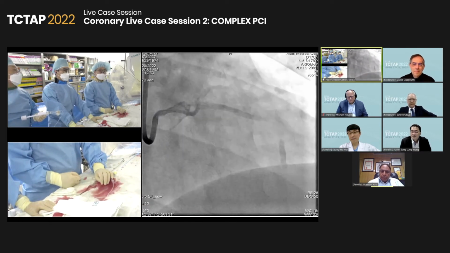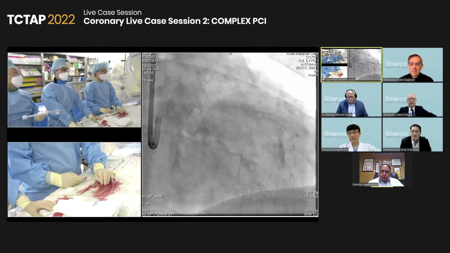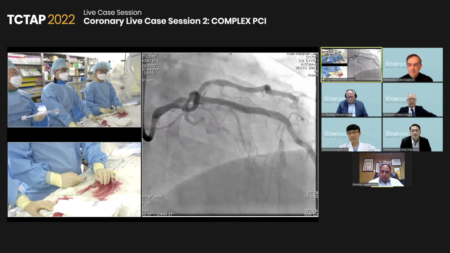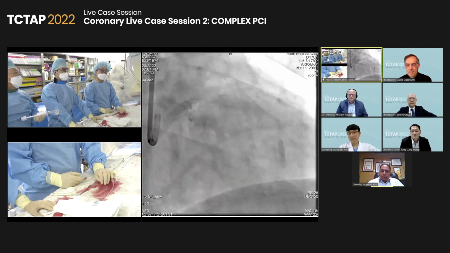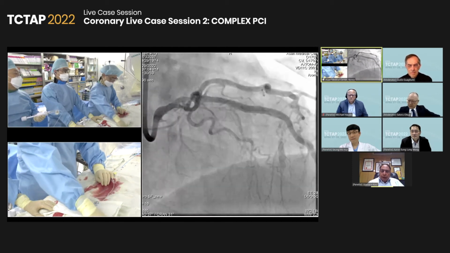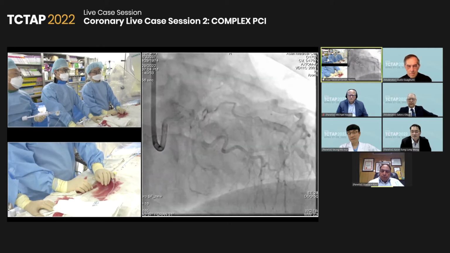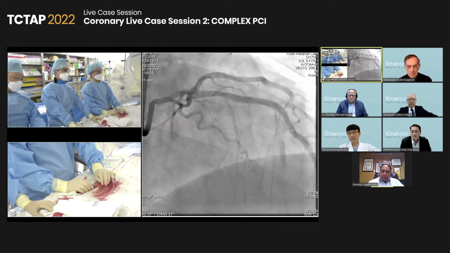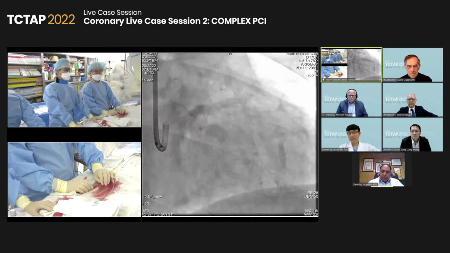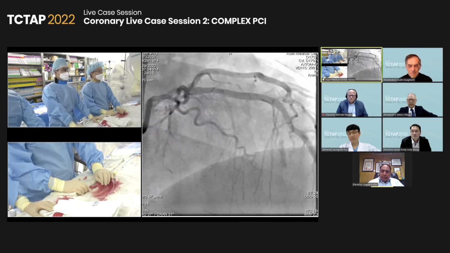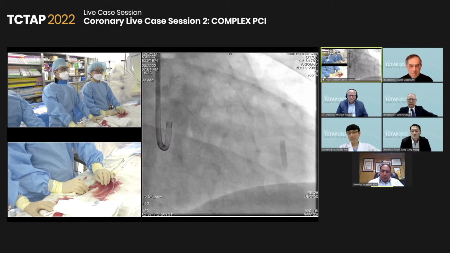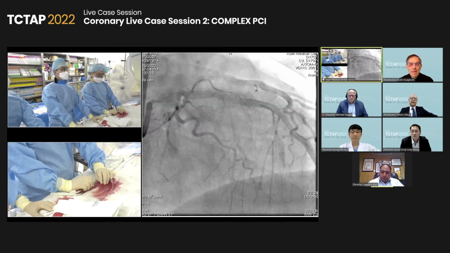So it very clearly shows the limitation of angiography, and IVUS shows that whatever we do, we have to come up to the ostium of the left main and distally go up to the region of the diagonal. There is a little calcification, but it doesn't look huge. And I think balloon preparation should be good enough.